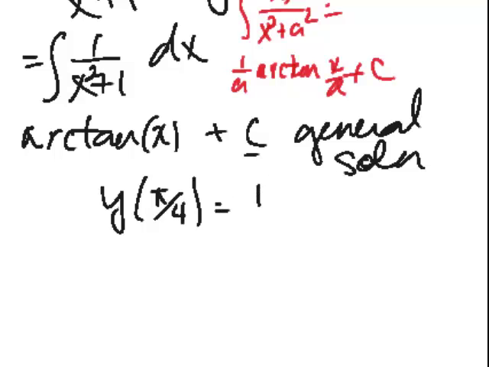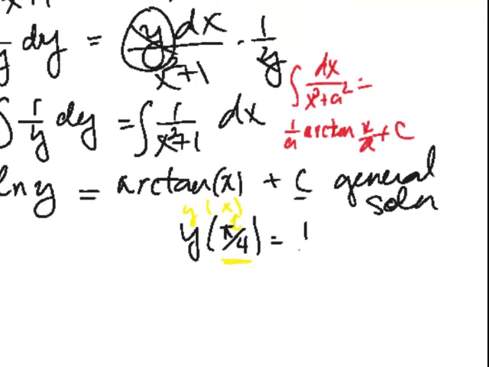And what that should mean to you as a math student is that whenever x, because typically it's y of x, right? You usually see y of x, y is a function of x, and this x has now been replaced with a pi over 4, so that means that when x is pi over 4, y is equal to 1.